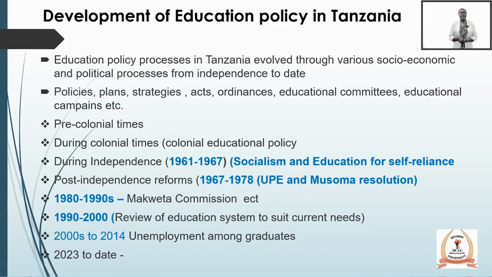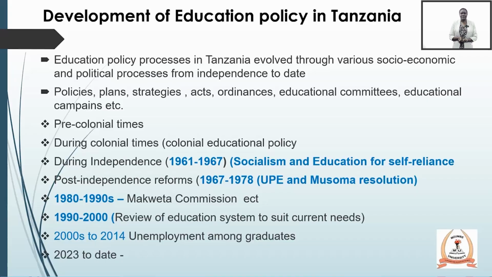You remember the examples of education policies during independence in 1961 to 67, the very well-known socialism and Education for Self-Reliance policy, which laid a very good foundation for our education system in Tanzania, and we still apply a lot of the skills and attitudes of these policies to date.